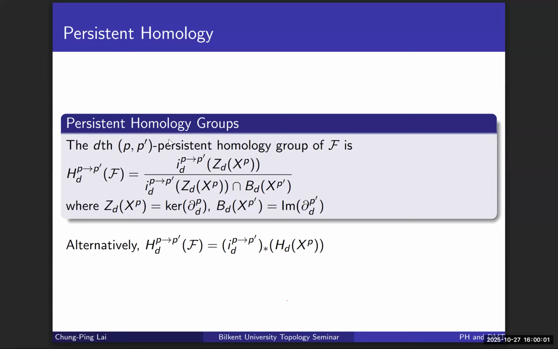So what are these persistent homology groups? Essentially, first we look at the dimension D, just like with a homology group, we have to specify the dimension of the feature we are looking at. Then we look at two different values, P and P prime, and we say the homology group that persists from P to P prime is this.